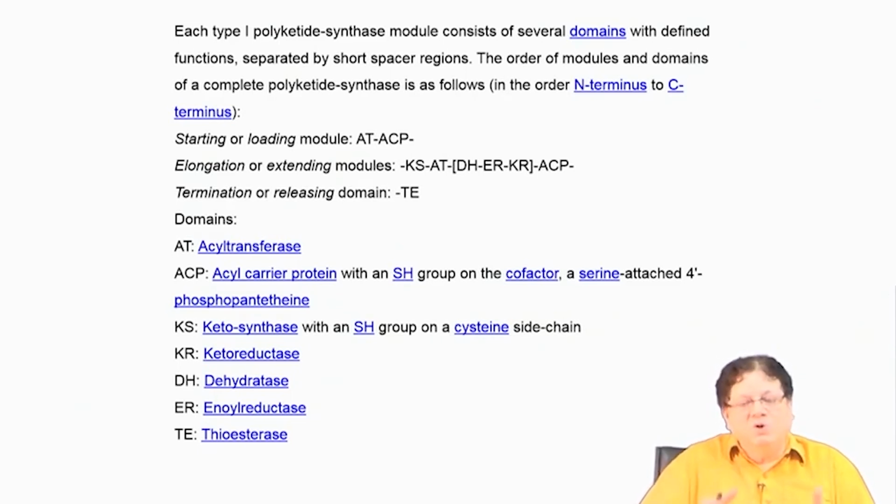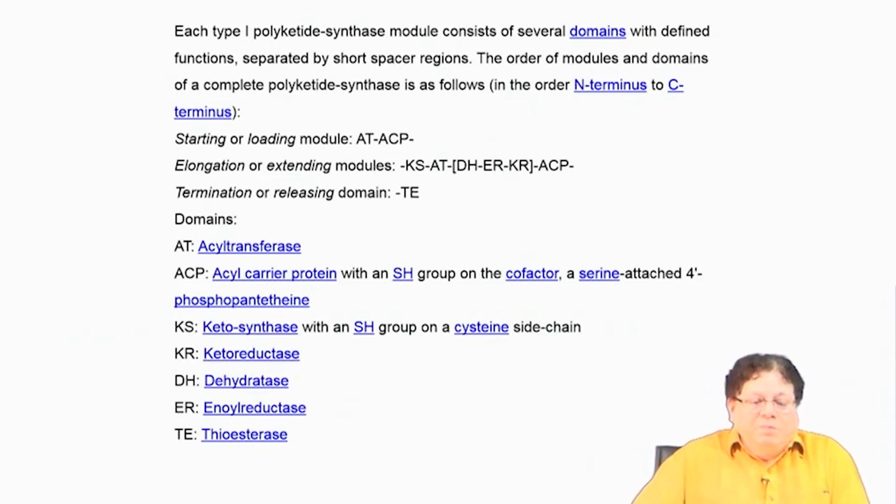So, basically it is ketomethylene which alternate, but the status of oxidation of the carbon bearing the carbonyl can vary. It can be carbonyl, it can be hydroxy, it can be double bond, or it can be even saturated one.